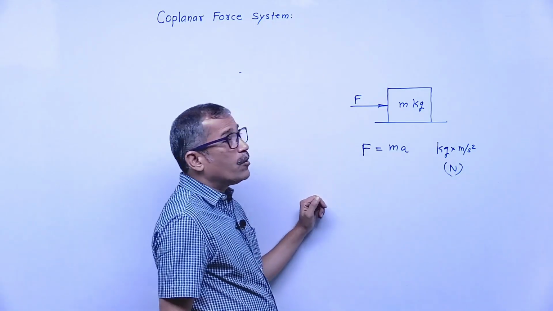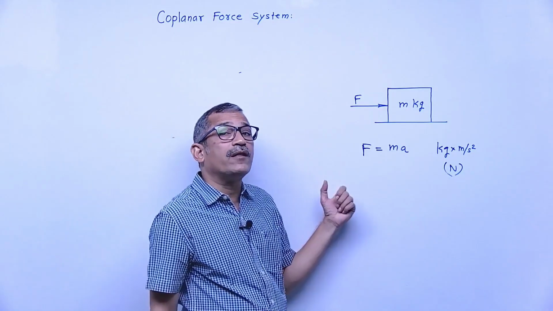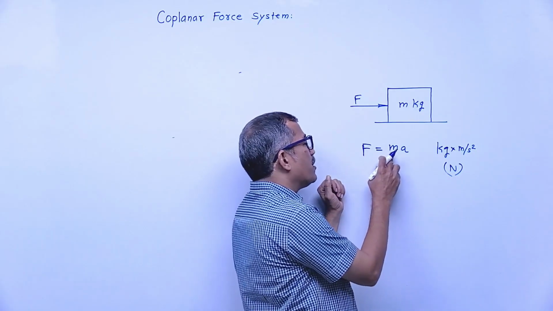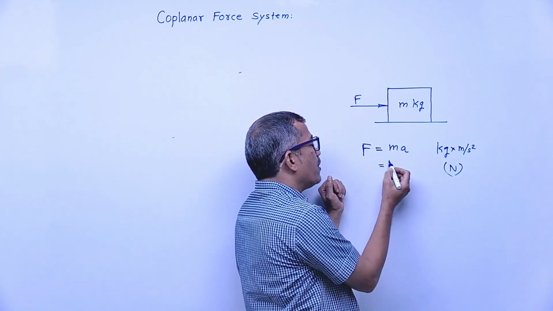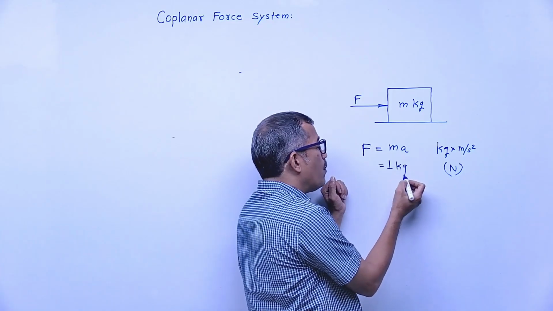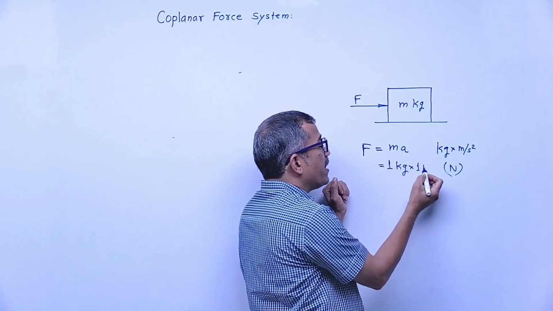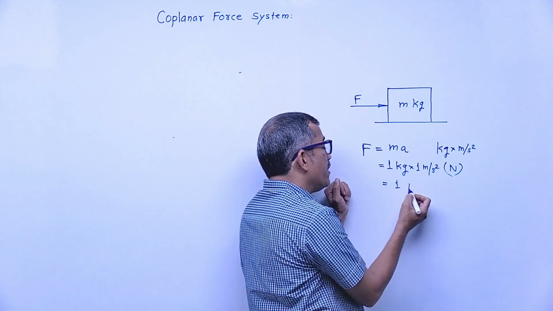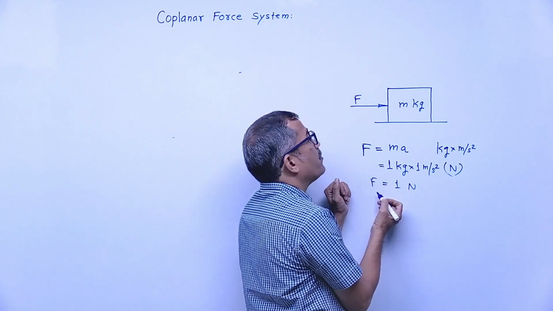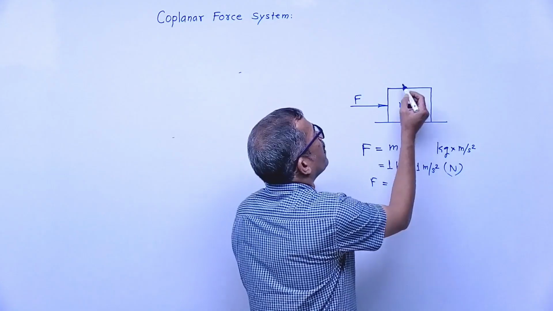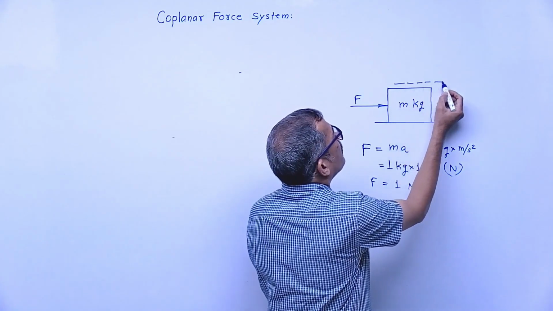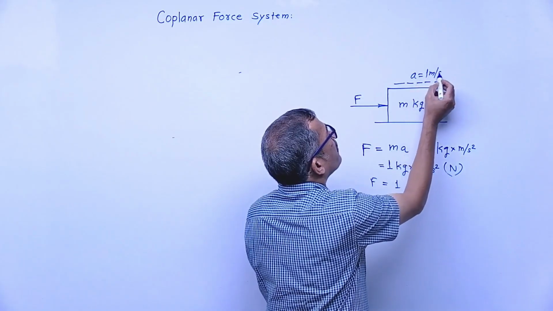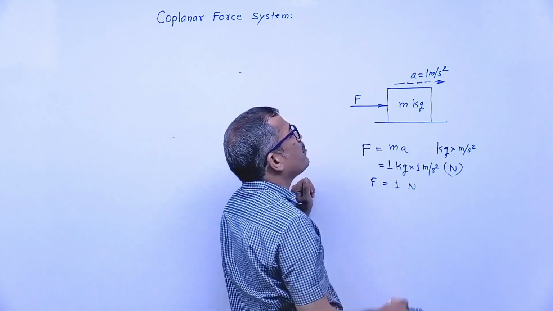How will you define a force of 1 Newton? It is such a force which, when applied on a body of mass 1 kg, accelerates it with 1 meter per second square. Mass is 1 kg, so if we measure the acceleration of this block and it comes out to be 1 meter per second square, then the force is 1 Newton.